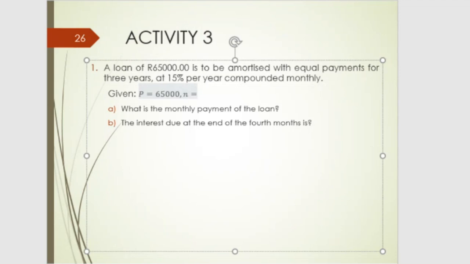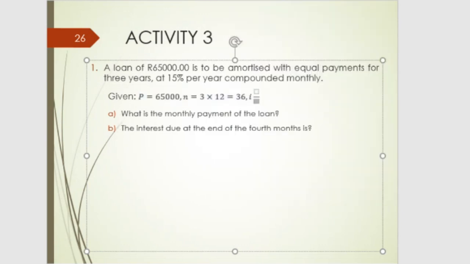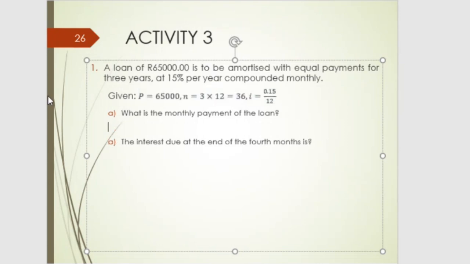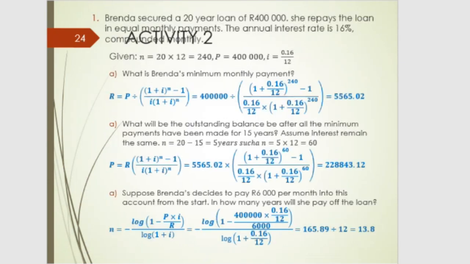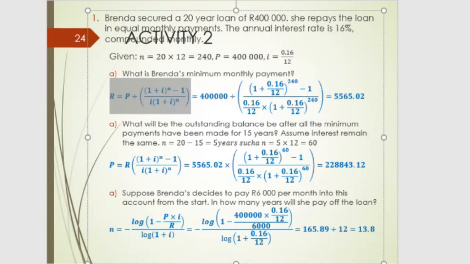N is going to be 3 multiplied by 12, which is going to give us 36. And we've got interest that is sitting at 15%. So now the monthly payment of this loan should not be a problem for us. I think we can use this formula here.